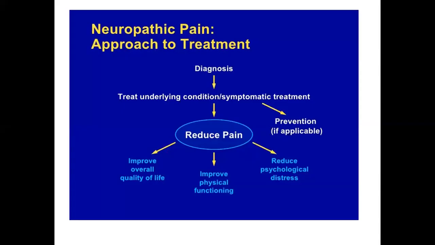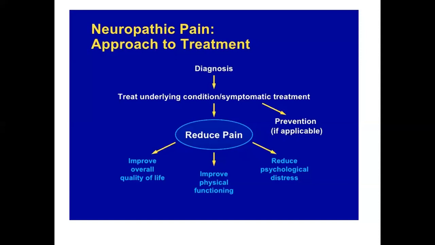Now, how do we approach treatment? We've seen the causes, and we've seen how it behaves. We've seen the hallmark. How do we now deal with the treatment? Once you do the diagnosis, treat the underlying condition, and then start dealing with the symptom itself.